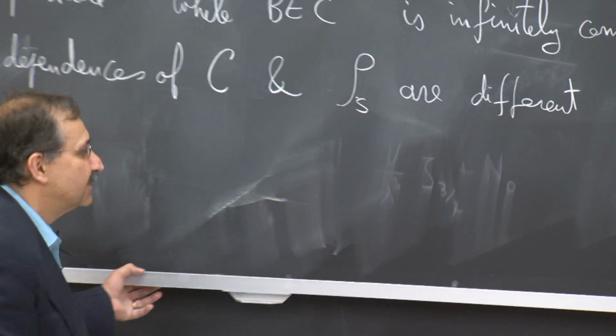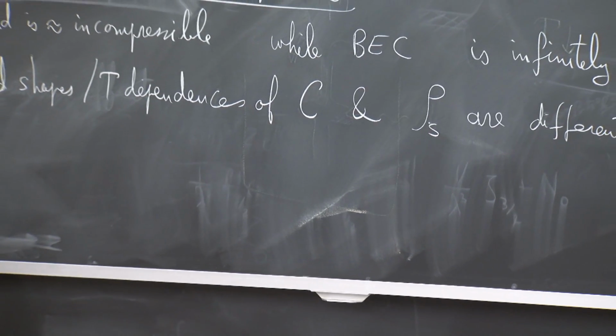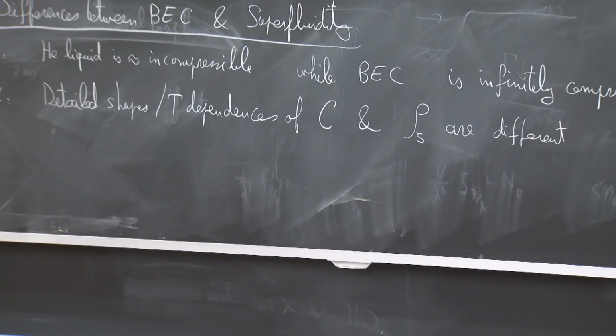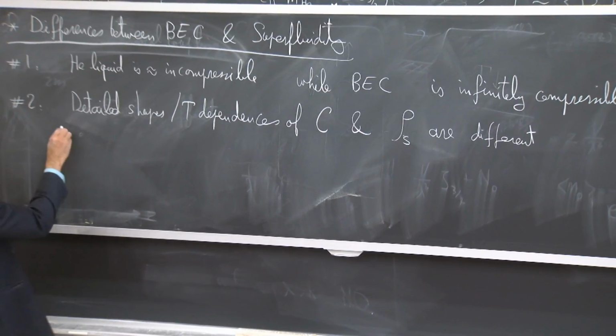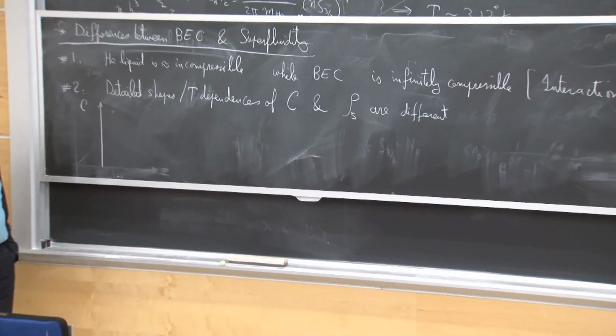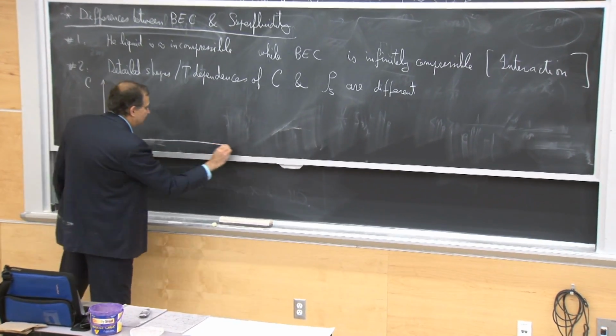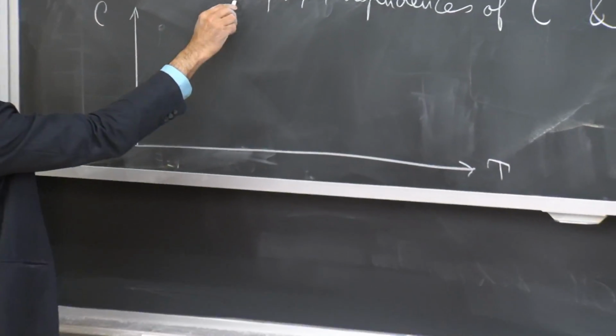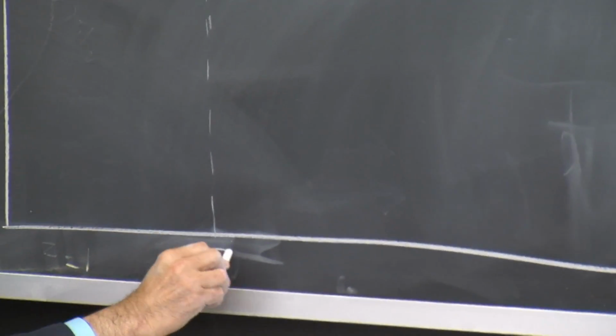So I have up there what the heat capacity of a BEC should look like. Now, people have measured the heat capacity of helium as a function of temperature. And something does indeed happen at Tc.